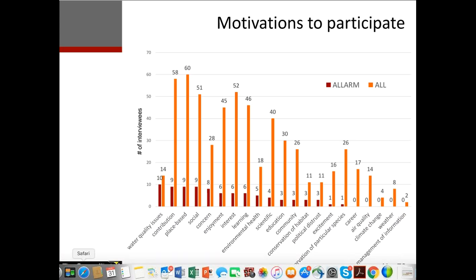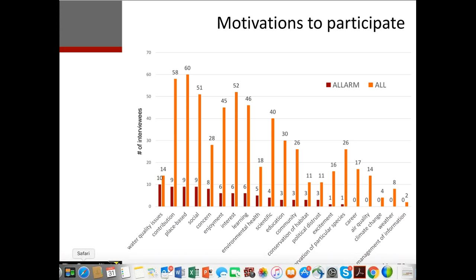Julie had asked that I show sort of what ALLARM participants say compared to the other 5 projects. And so these graphics basically show motivations to participate. Not surprising, the number 1 motivation for ALLARM participants to participate is water quality issues. Obviously, that doesn't come up with the rest of the projects.